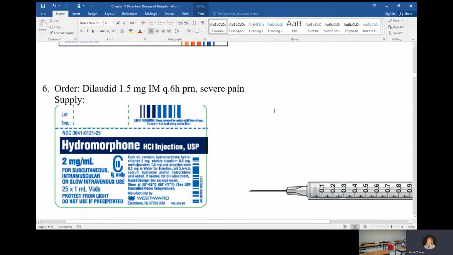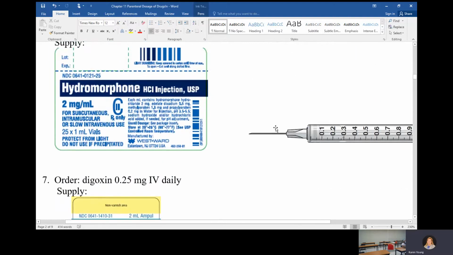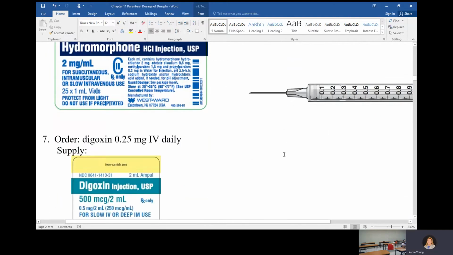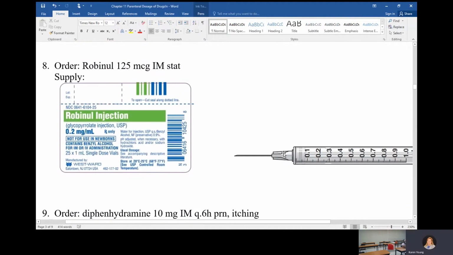We did one similar to 6. We did one exactly like, oh, the order's different. I have a different syringe. Number 8. Because it's got a different syringe on it too. So first thing, you're looking for IM. It has for IM. And y'all can finish.